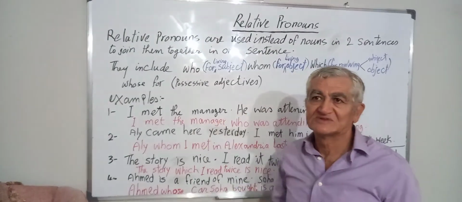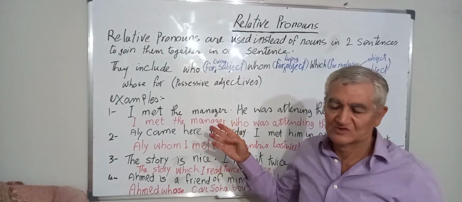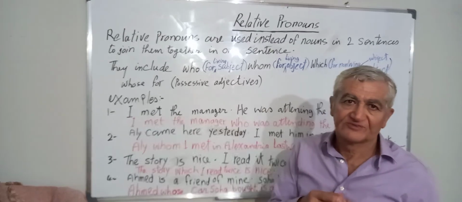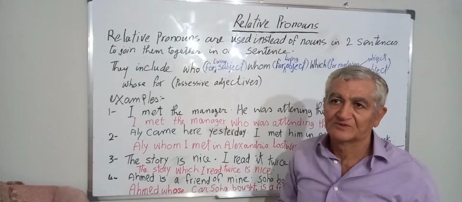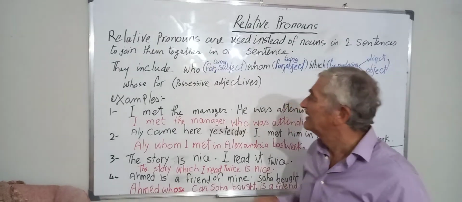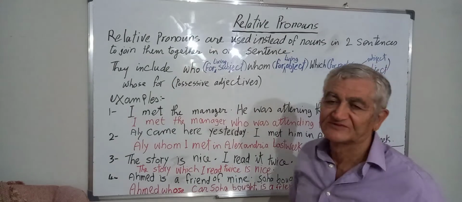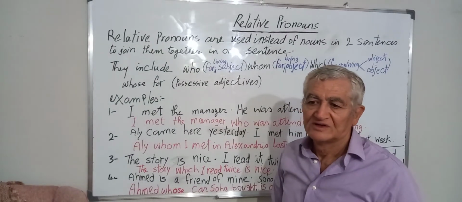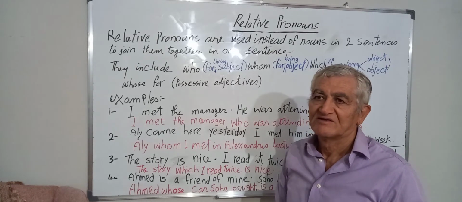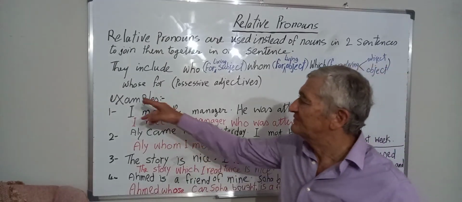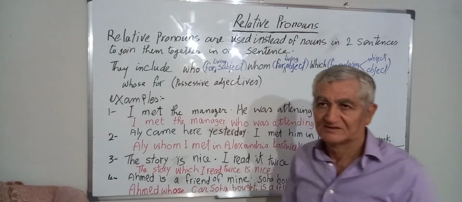We have studied possessive adjectives when we talked about pronouns. Nominative pronoun is the subject pronoun, and the accusative pronoun is the object pronoun, and the possessive adjectives like my, your, our, his, her, their, and its. Okay? Examples will explain this in detail.